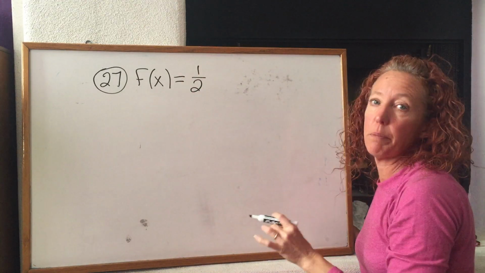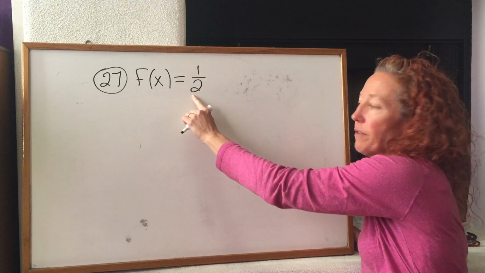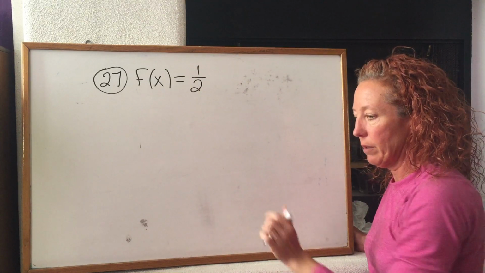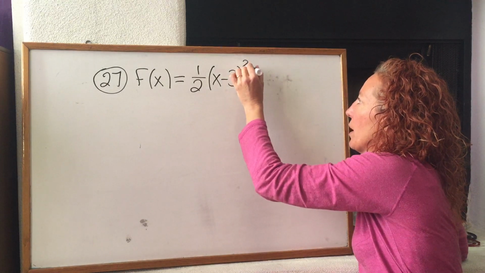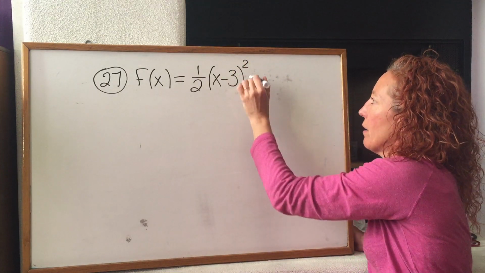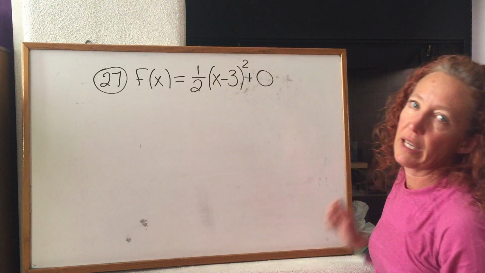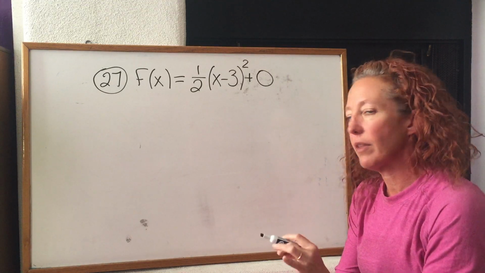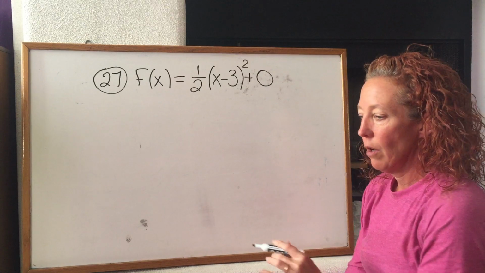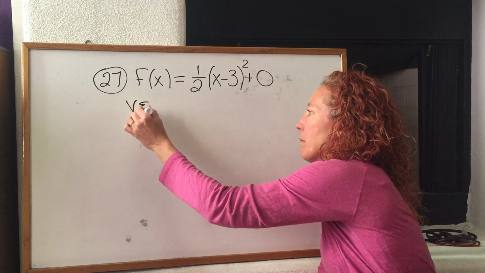We should expect that to be a little bit wider because it's a fraction between 0 and 1. X minus 3 squared. And then there's nothing back here. So this helps you indicate that you know that that's nothing, because then the vertex is going to lie right there on one of those axes. All right, so find the vertex.